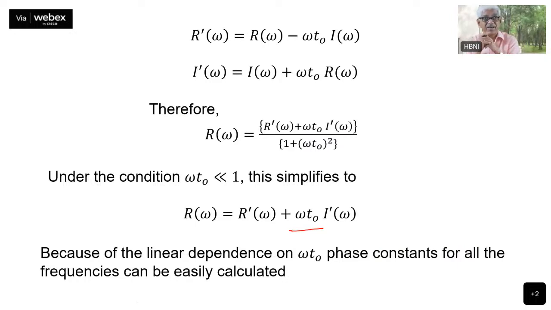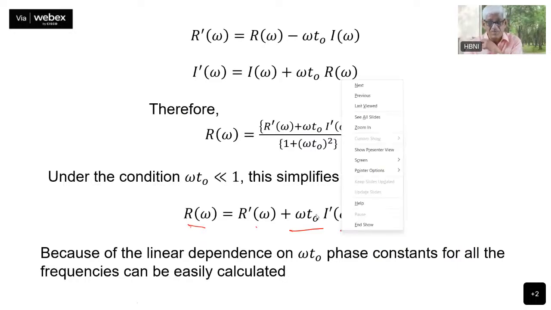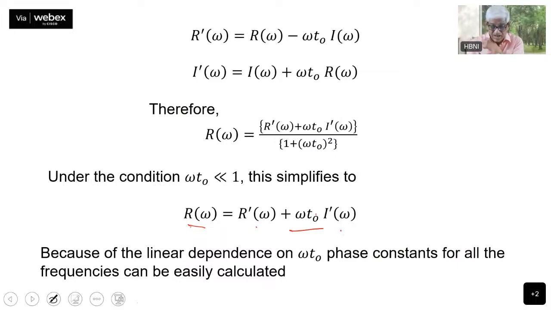Now you see the calculation is somewhat simpler because it is linearly dependent on omega. The phase correction is linearly dependent. How much phase to be added is linearly dependent on that. What it means is that to get this pure R omega, we have to mix the real and the imaginary components of the spectra by appropriately weighting them. So the real part is taken as it is, the imaginary part is multiplied by omega t naught, and this multiplicative factor is dependent on the frequency.